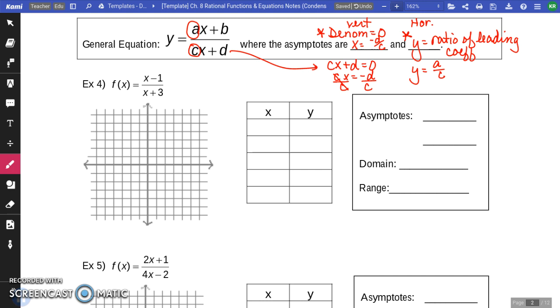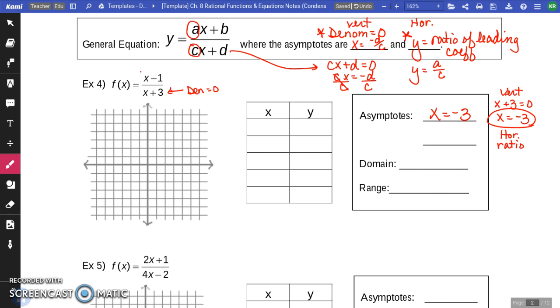Let's find asymptotes. So vertical asymptote, if I want to go vertical, denominator x plus 3 equals 0. Solve that, x equals negative 3. There's your vertical asymptote. Okay, so denominator equal to 0. Horizontal asymptote. Find the ratio of your leading coefficients.